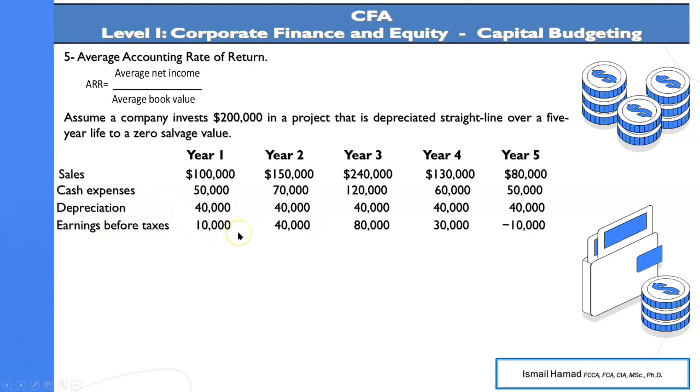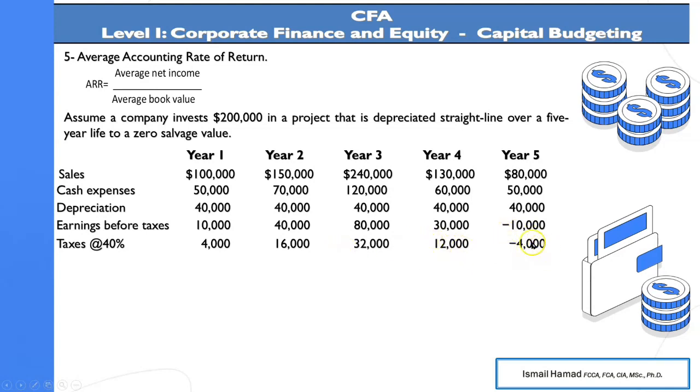Earning before taxes, always we take after tax cash flows. So we have to deduct the tax at 40% for this particular company. Note that the earning at the 5th year was negative, and the tax is negative also, not positive like the others.